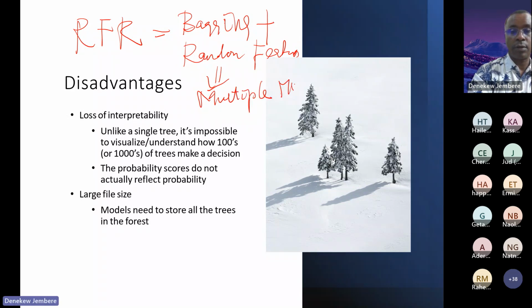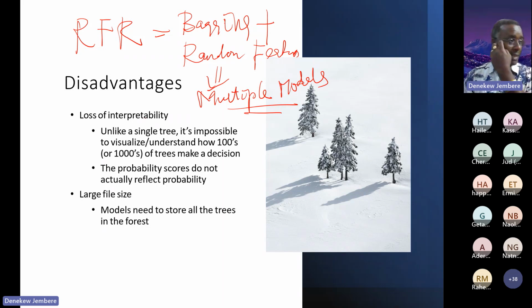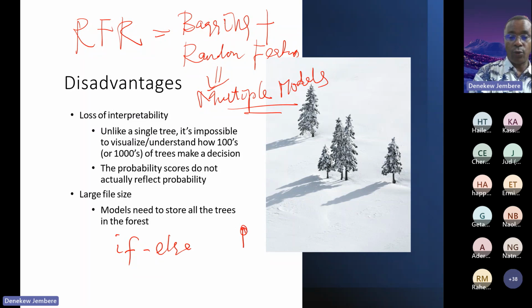Multiple models. So what are the disadvantages? Loss of interpretability. When we started with classification trees, because they are based on if-else conditions, given a data point, it could go either this way or that way, a yes or no. Now, this is for one tree.